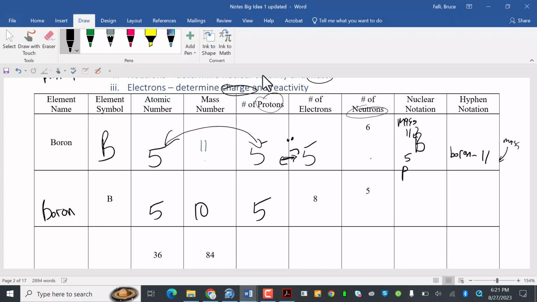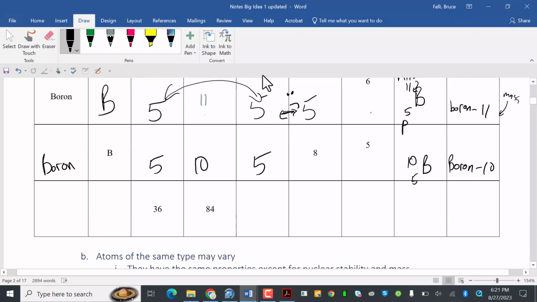Nuclear notation, I call it isotopic notation a lot too, is going to be mass on top, 10, protons on the bottom, 5, still boron. Hyphen notation, this one's a little bit different. Boron dash 10, because the mass is a little different.